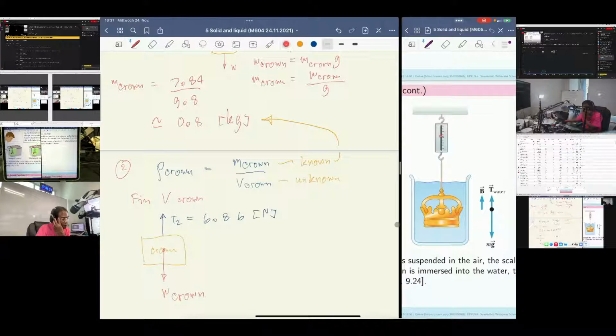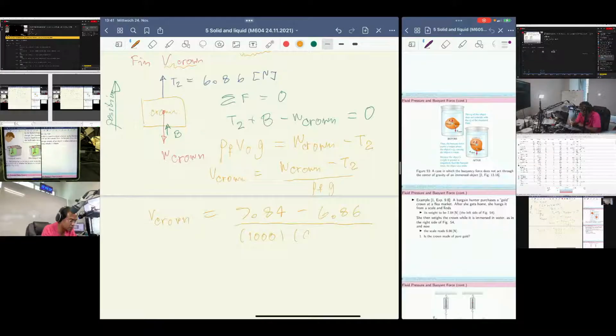She threw the crowd into the water. This is the keyword here, in water. So we would have the density of the water, which is 1000 kilogram per cubic meter, and the gravitational acceleration on Earth is 9.8.